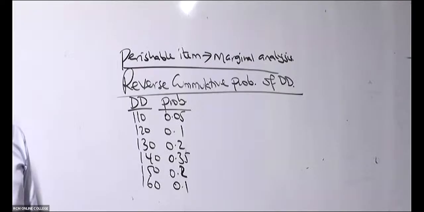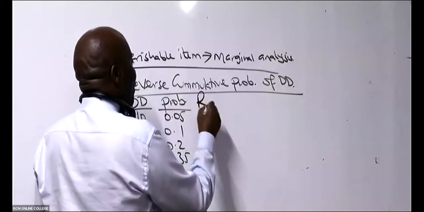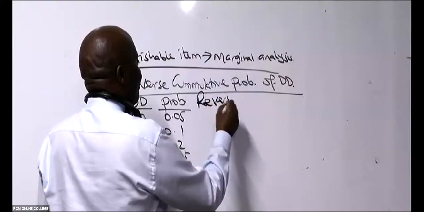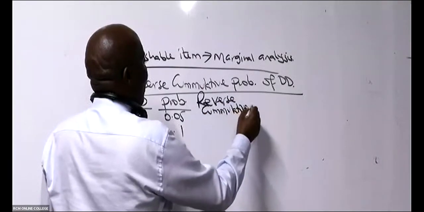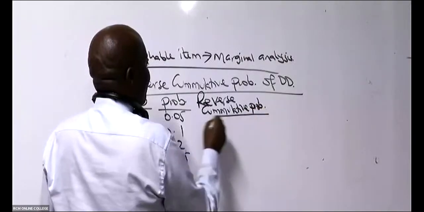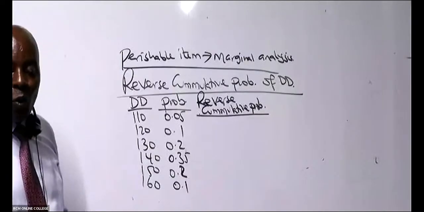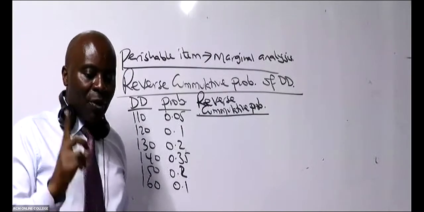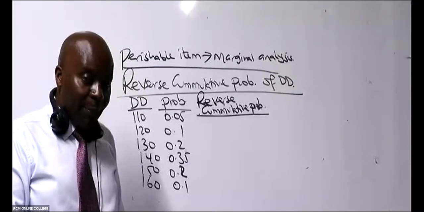All right. Because it's a perishable good, you give us what we call reverse cumulative probability. Reverse. Remember, in this case we want to succeed. Can somebody define success for us in light of a perishable item?